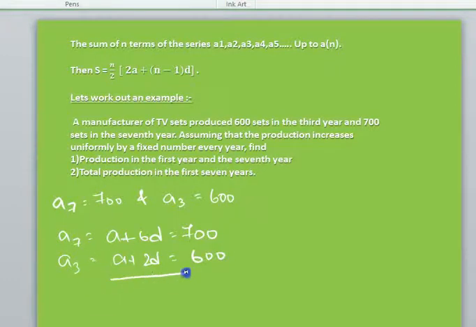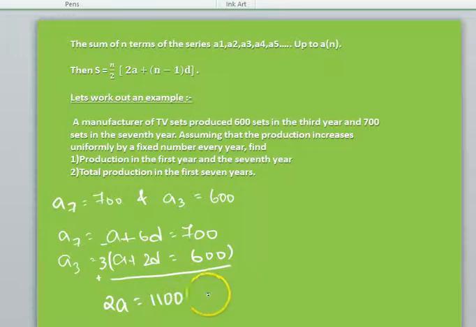Isn't this a linear equation in two variables? Yes, it is. Multiply this with 3 and subtract the first equation from the second equation, that is 3 times A3 minus A7. What are we getting here? 3a minus a, that is 2a, and 6d gets cancelled, and 6 3s are 18. 1800 minus 700 gives me 1100.